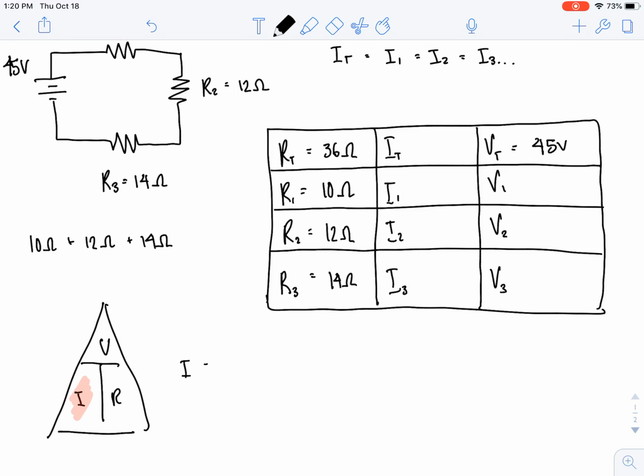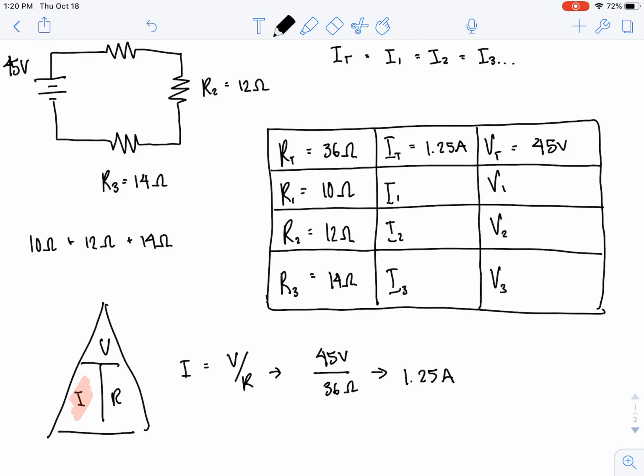I have I is equal to V over R. I know my voltage and my resistance, so I can just plug and chug. 45 volts divided by 36 ohms is equal to 1.25 amps.